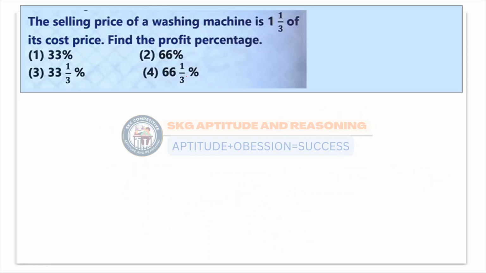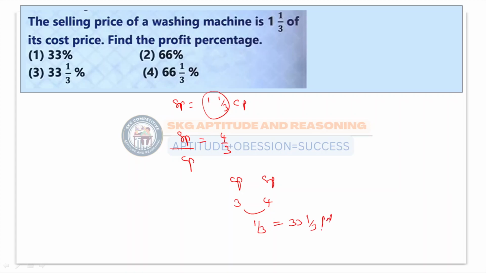Okay, the next question is under profit and loss. The SP value is given as 4 by 3 of the cost price. Converting into a normal fraction, 4 by 3 CP. If you take the ratio, CP was 3 parts and SP was 4 parts. The gap of 1 part out of 3 parts, 1 by 3, is the profit.